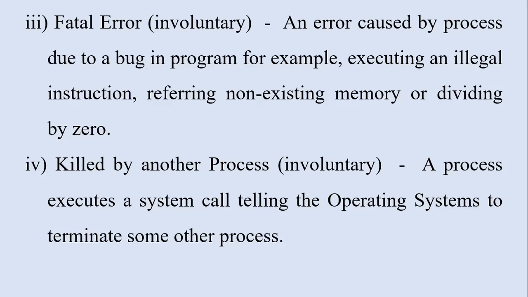Number four, a process can be terminated by being killed by another process. This is also involuntary. So a process executes a system call telling the operating system to terminate some other process. For example, if you are a parent process, which is, for example, a Pascal, and then it happens that you had created a program or a process for calculating square roots of numbers.